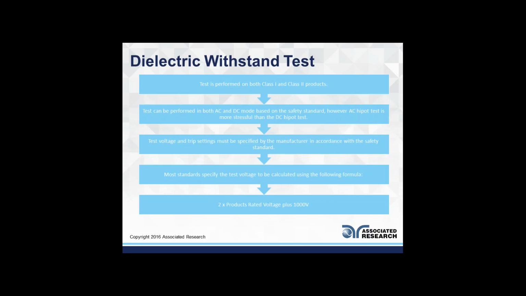This test is performed on both Class 1 and Class 2 products. For Class 2 products that do not have a ground pin, or that are plastic products like laptops with no exposed metal parts, there are different ways to test.